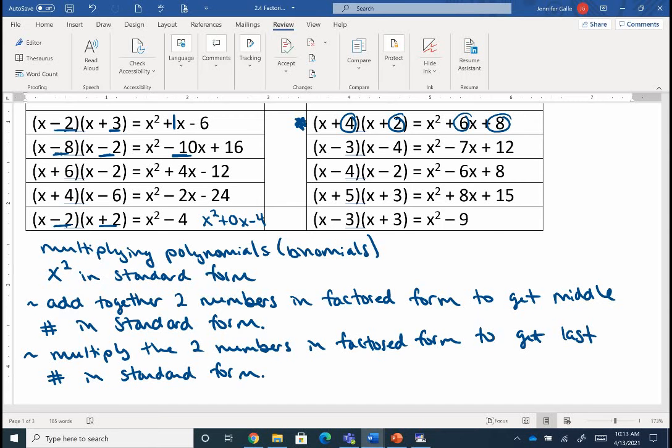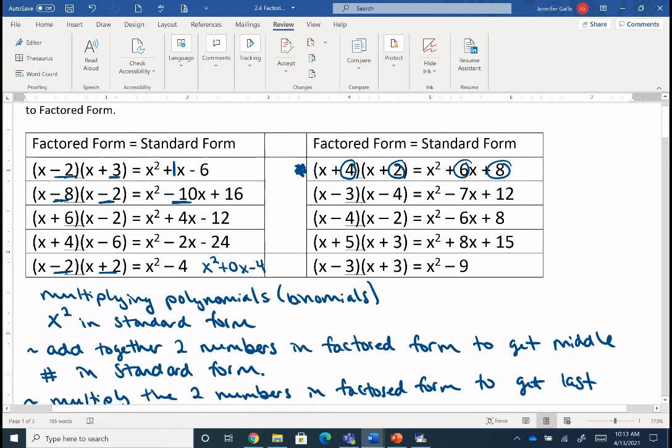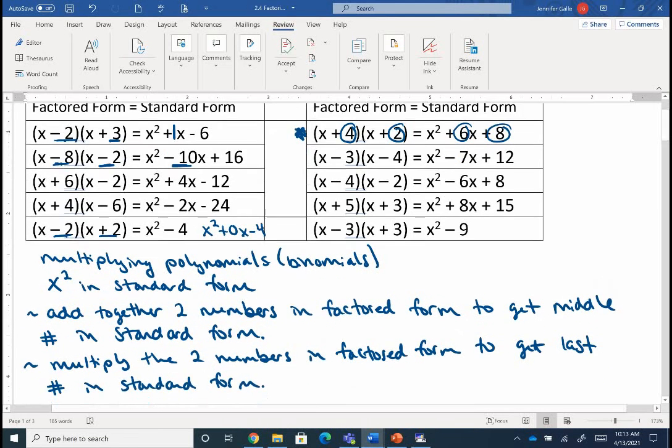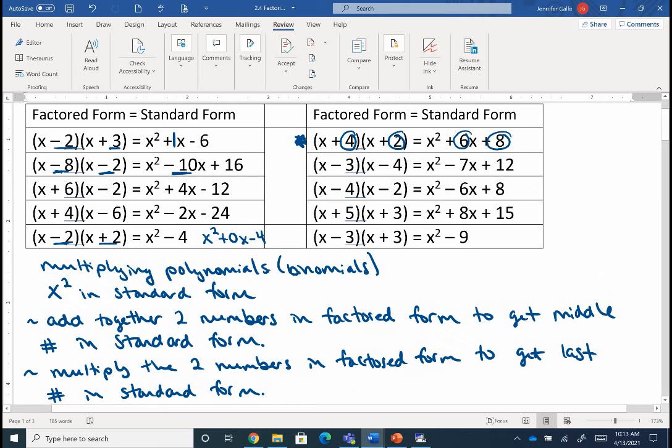Because our goal is to get from standard form over on the right to our factored form on the left. Remember, factored form is that reverse of the distributive property. Our final answer for factored form should look like something we want to distribute. So keeping that thought in mind, add the two numbers together. So -3 plus -4 gives me -7.